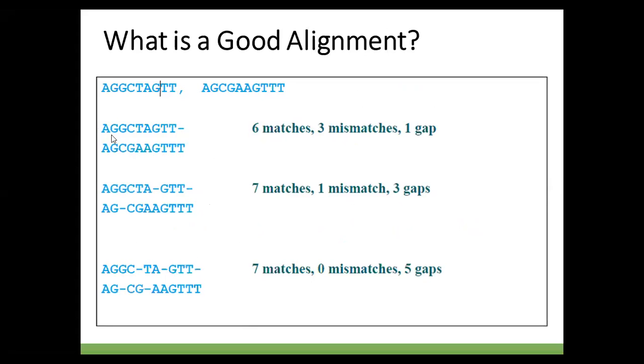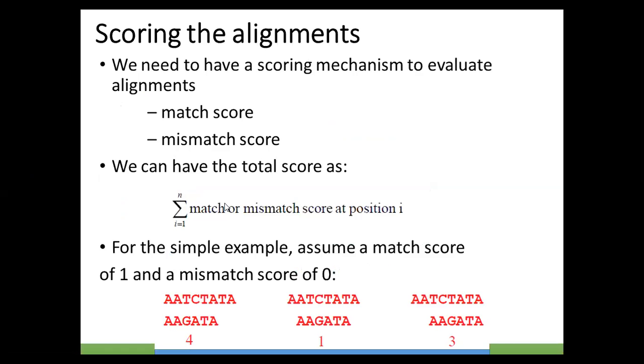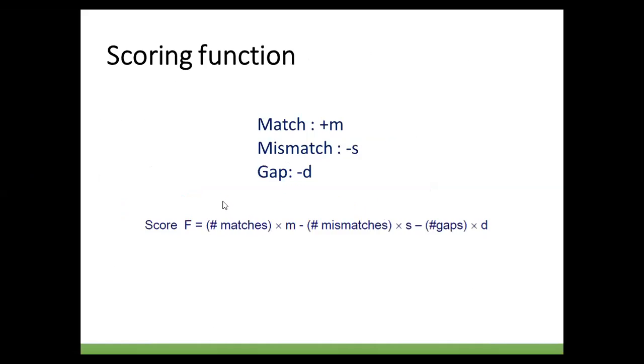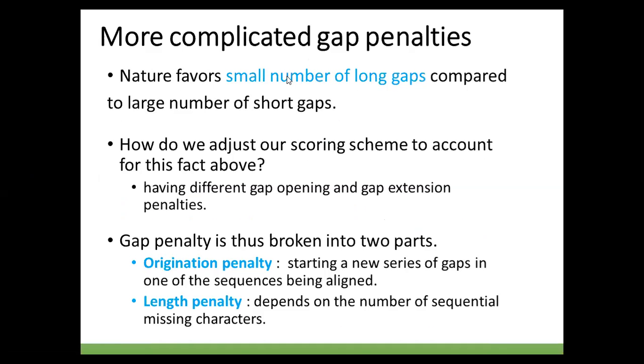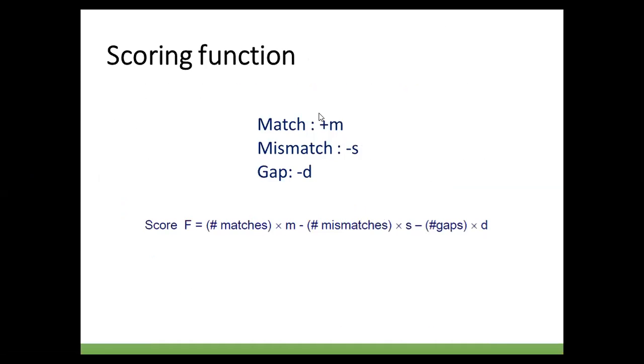They can be at the start, they can be at the end, or they can be in the middle. So do you think having the same score for the gaps at the end, at the start, or in the middle is good? They have found that it's not good mainly because nature favors a small number of long gaps compared to a large number of short gaps. Okay.